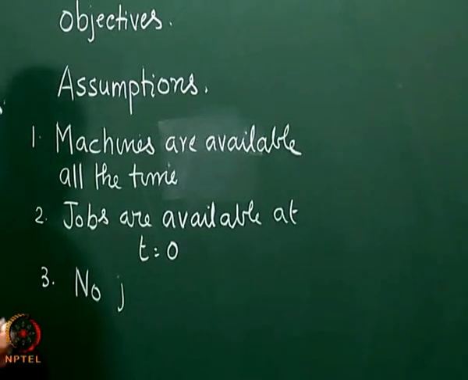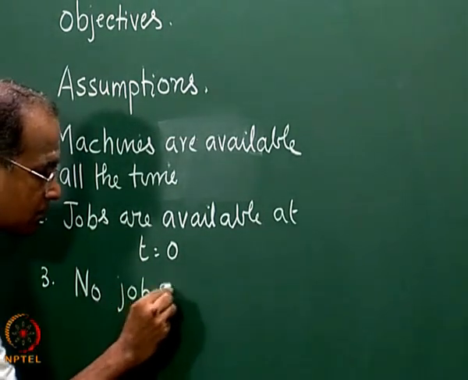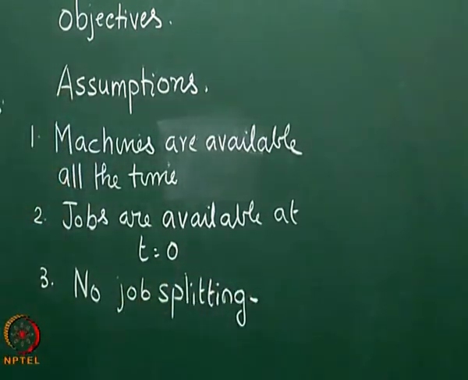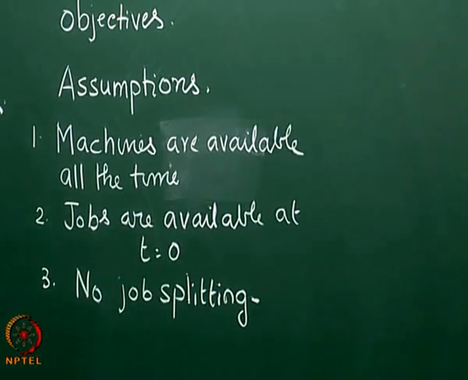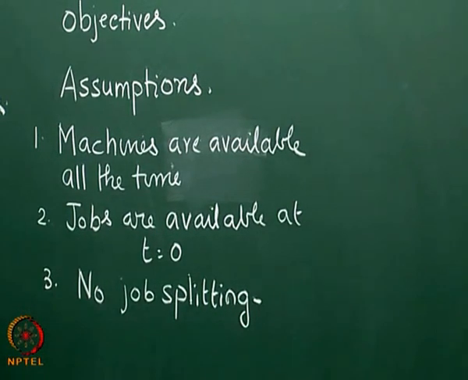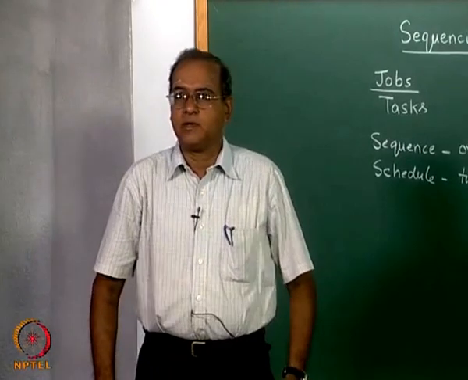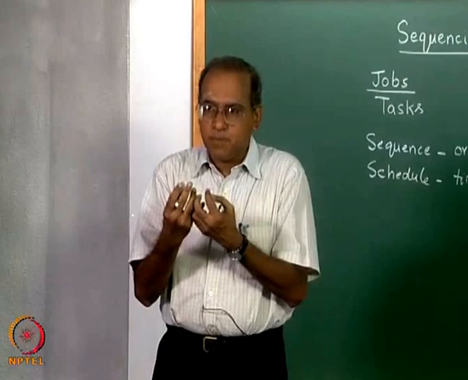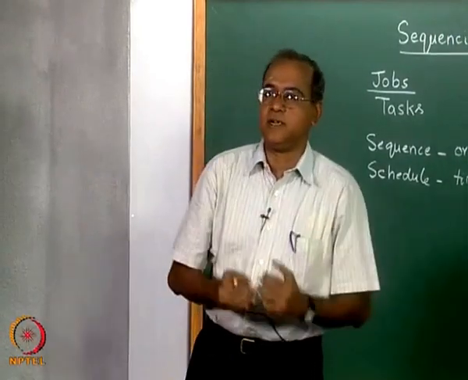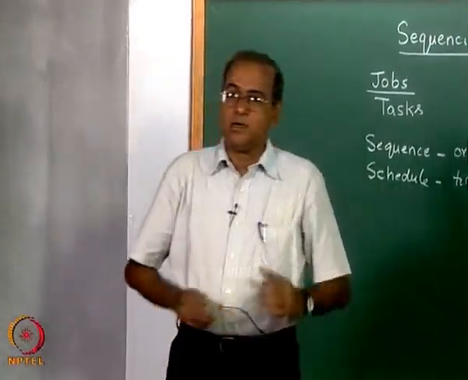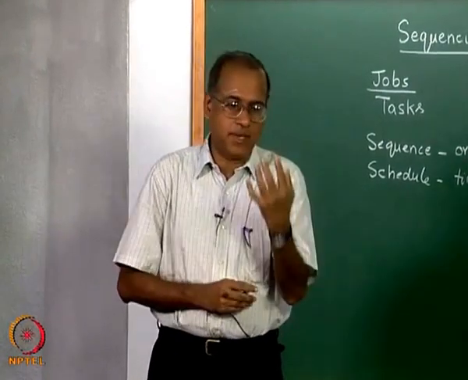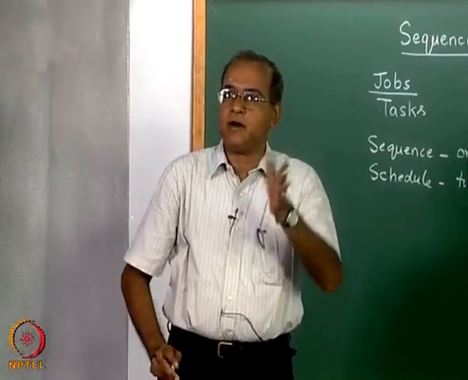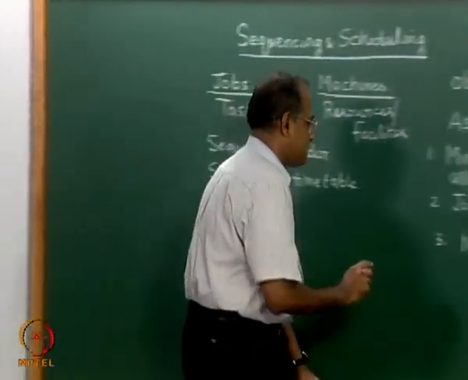It means that if a particular job or task requires, say, 10 minutes on a machine, and there are 2 machines capable of doing it, we do not split it into the first 6 minutes on one machine and the next 4 on the other. What we assume is that once we pick a machine to do that job or task, the entire task is completed on that machine. So, that is an assumption.